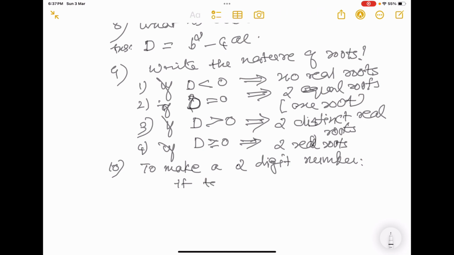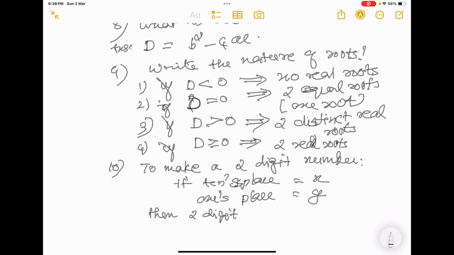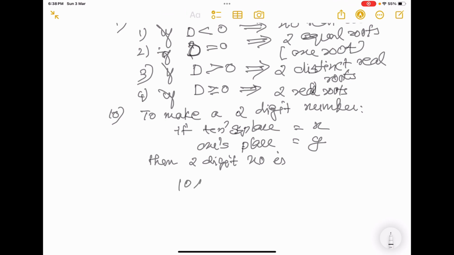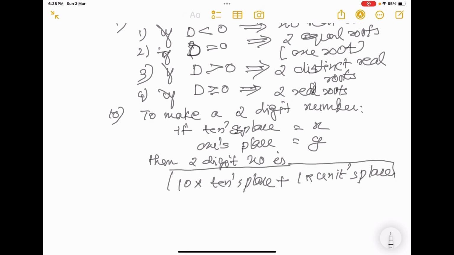If tens place is x, and ones place or units place is y, then the 2-digit number is 10 into tens place plus 1 into units place or ones place.